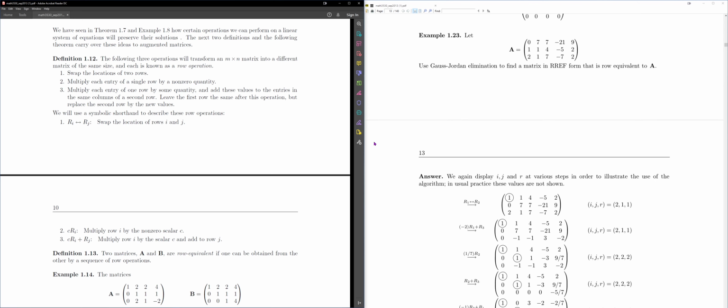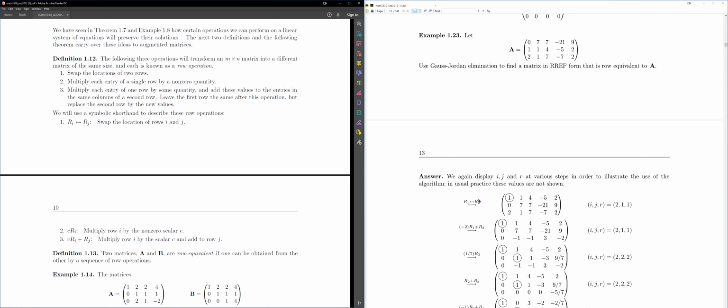Okay, so let's do an example of row exchange in two rows. Here I have this matrix to start off with, and I want to exchange these two rows, row 1 and row 2. Going from here to here, you notice the second row is now in the first position, and the first row is now the second row.